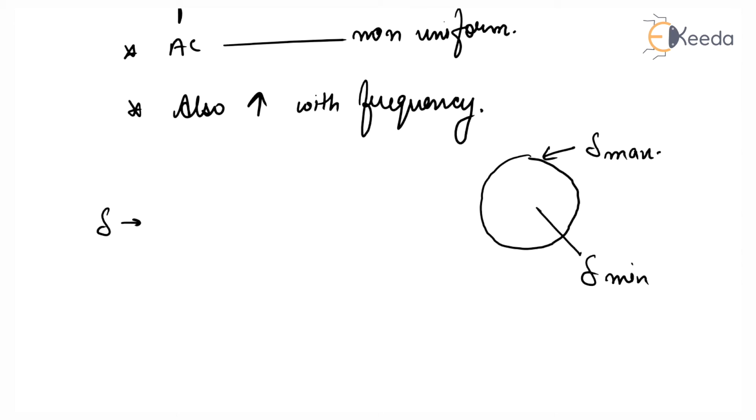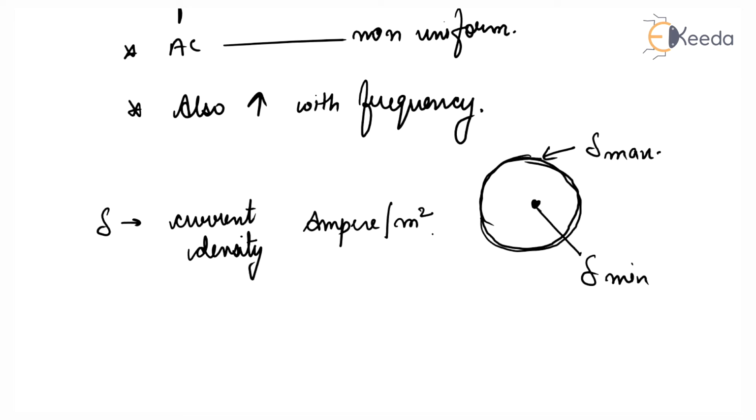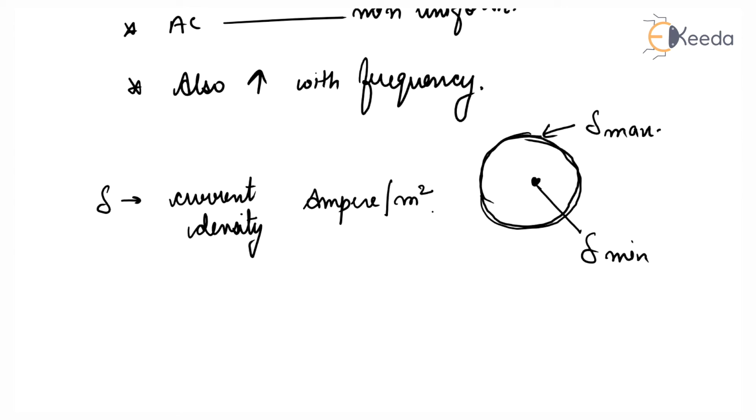Delta is current density, in ampere per meter. This phenomenon is called skin effect. So the definition of skin effect is the tendency of alternating current to concentrate near the surface of a conductor. You see, del maximum is at the surface.